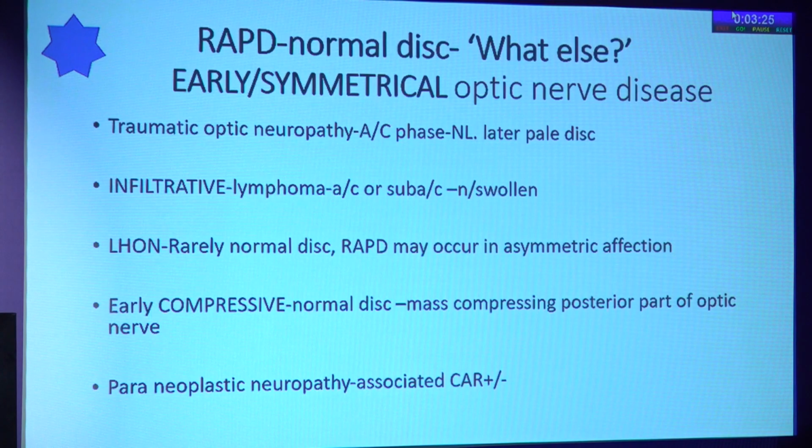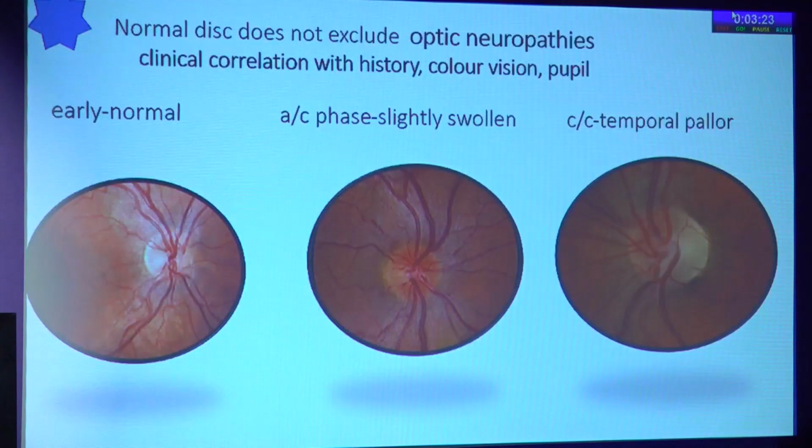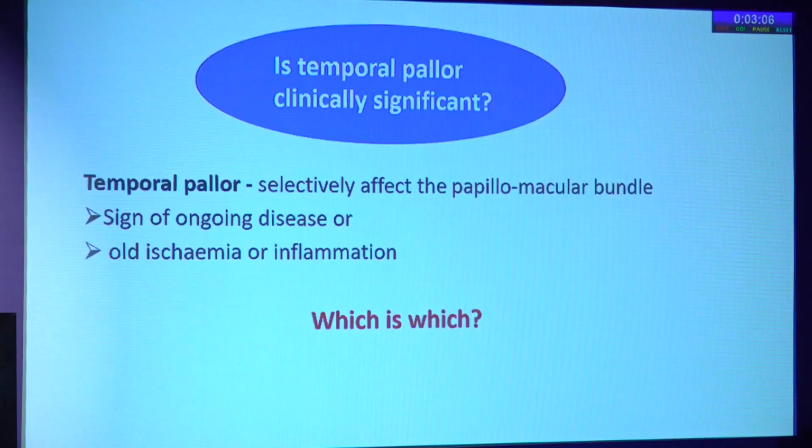All I want to say is it can be a lot of optic neuropathies in the early stages which look rather normal. Only in the late stages they go in for a slightly swollen disc, and then later on to the pale disc. So if you find an RAPD and a normal looking disc, it is not always an RBN. That's a take home.